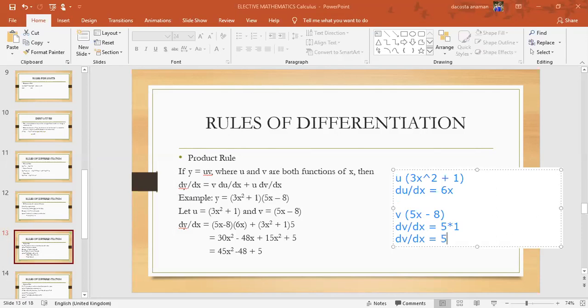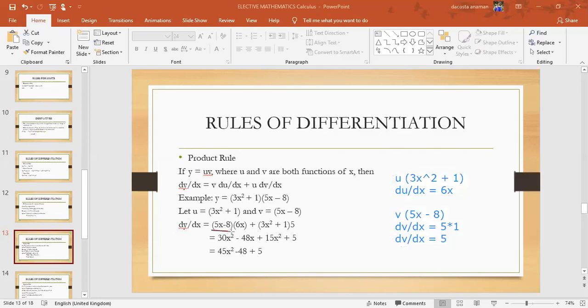So as we have differentiated, we will go back to our formula, which says that when you have a product rule, you pick the second function, which is v. You multiply it with the first derivative of the u. So you pick the v, which is 5x minus 8.